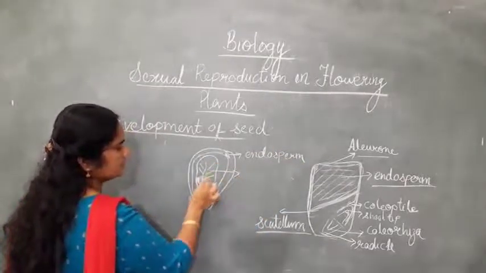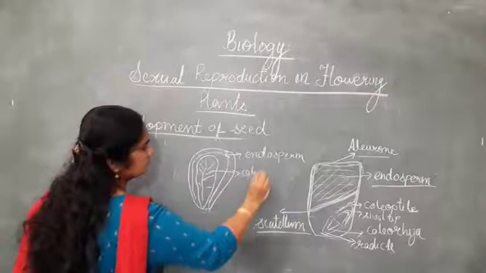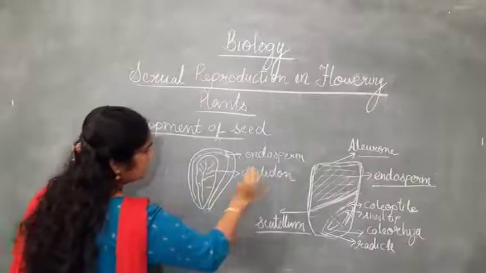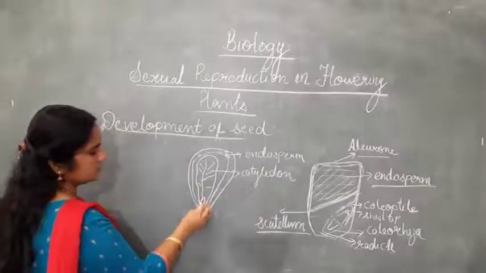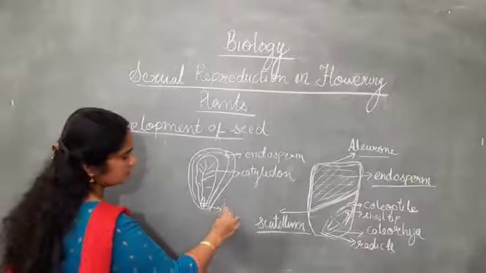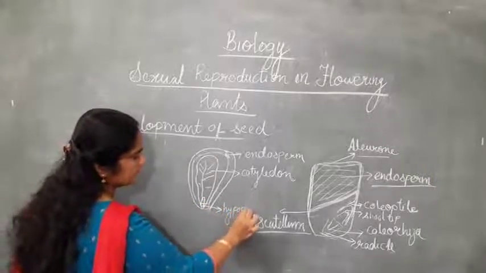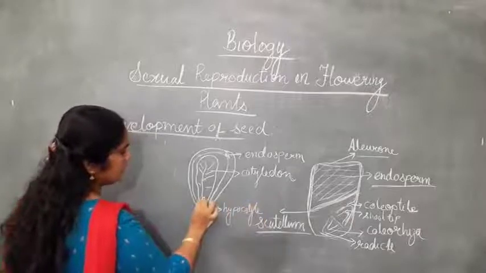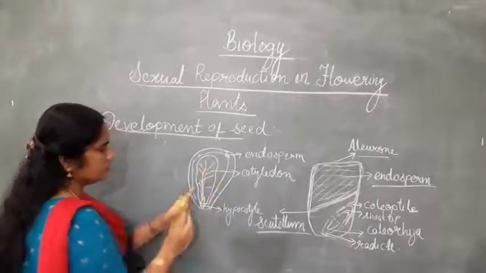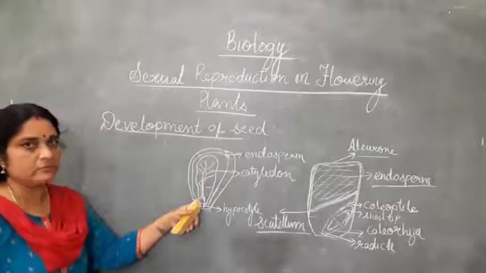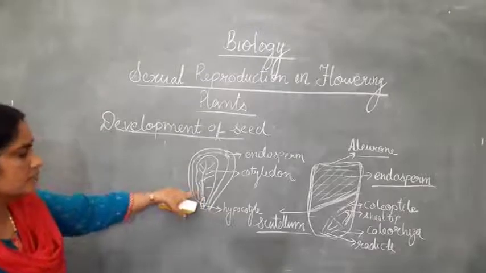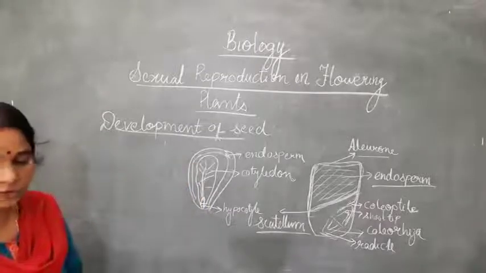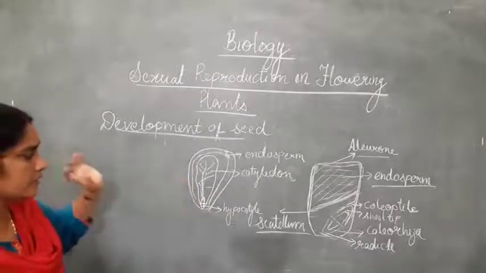This is the cotyledon. And here you can see the region below this is the hypocotyl. You can see the meristematic tissue, the plumule, present in between, that is the embryo. It is divided into two parts, as you know, the plumule and the radicle.